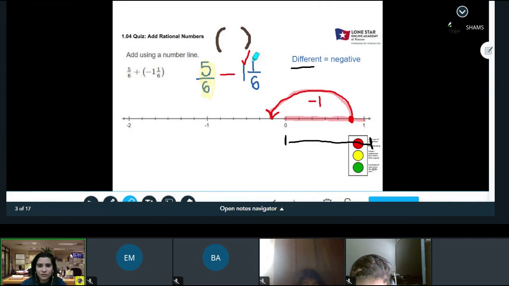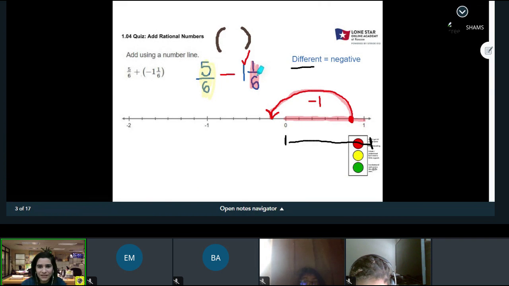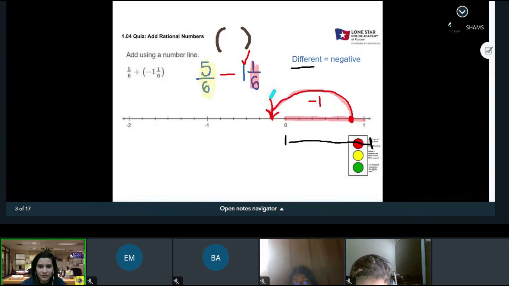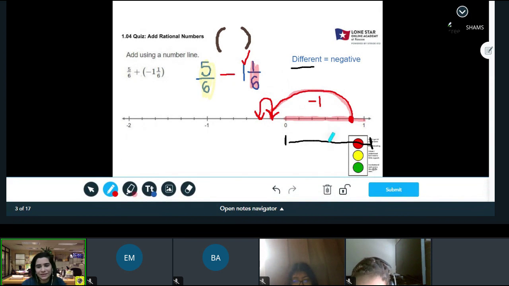Then I will also subtract the 1/6, right? 1/6 is just one of the parts. One more. So that's how I subtract 1 whole 1/6.